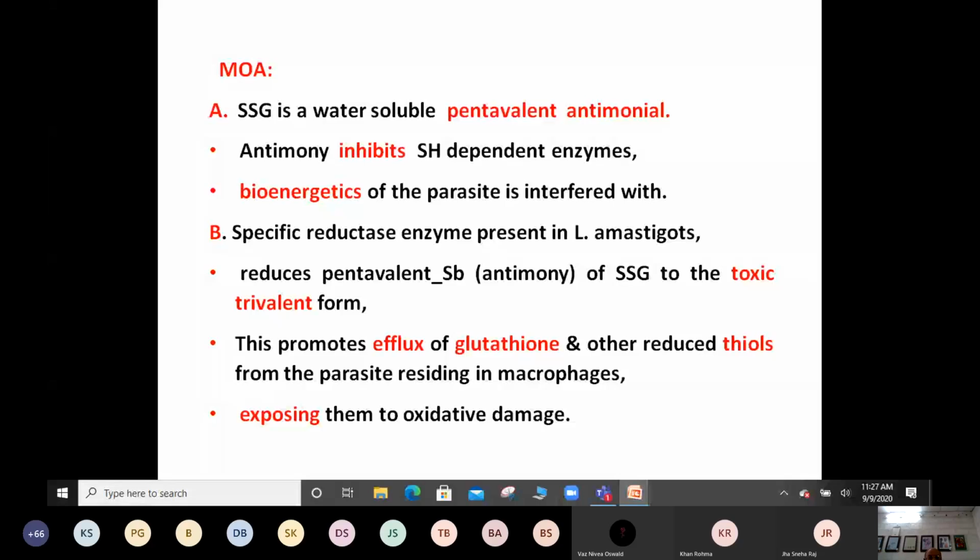Second, the reductase enzyme present in the amastigotes reduces the pentavalent antimonial to the trivalent form, and this trivalent form is toxic to the parasite. In what way is it toxic? It promotes efflux of glutathione and other thiols from the parasites residing inside the macrophages. It will expose them to oxidative damage.